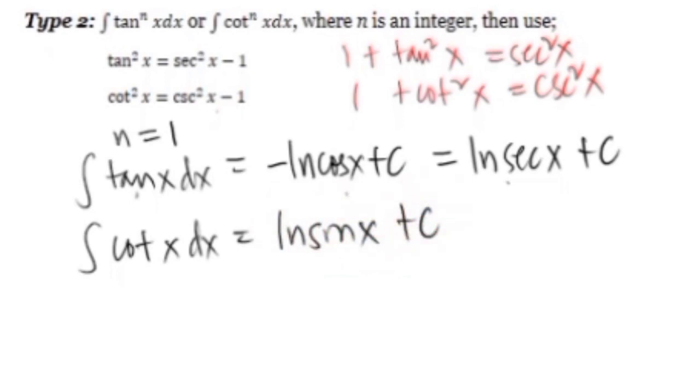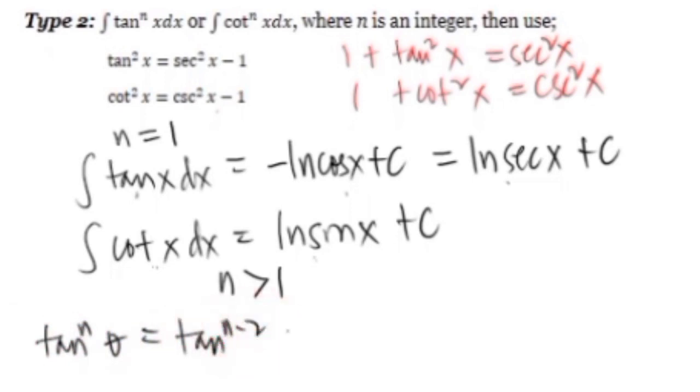So if the integral is cotangent, that is ln of sine x plus c. Now, what if your n is greater than 1? So, for the tangent, what we have to do is we express the tangent n of theta equal to tangent n minus 2 theta tangent square theta.